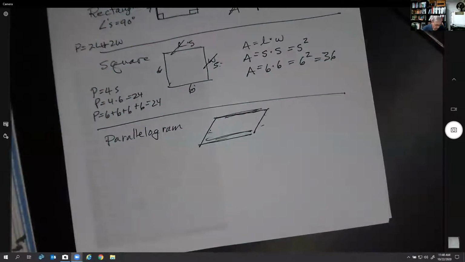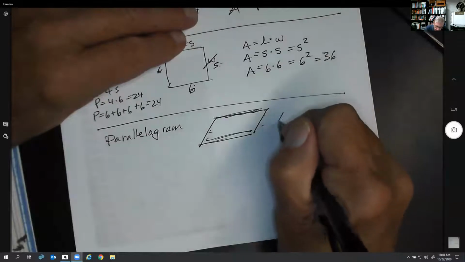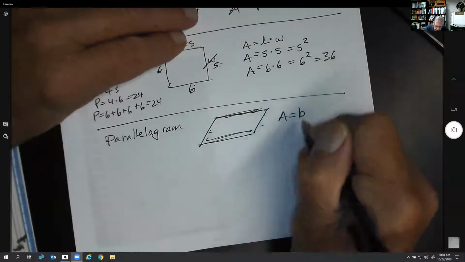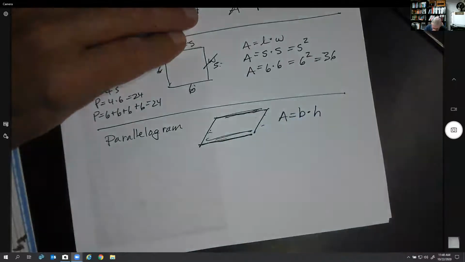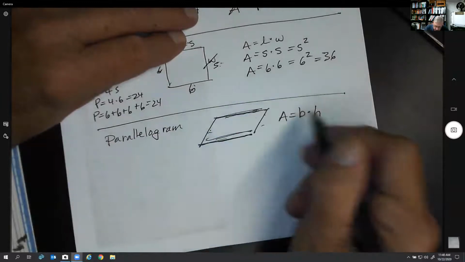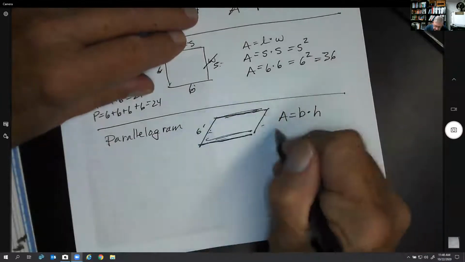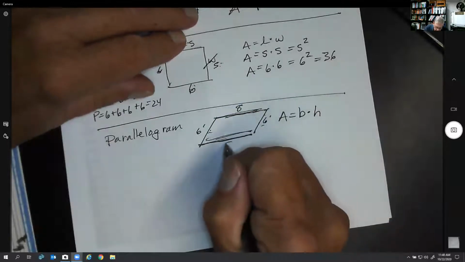The formula for the parallelogram is area equals base, or the bottom right here, times the height. Okay, so let's say we had this parallelogram and they gave us this side is 6 and this side is 6 and this is 8 and this would be 8.